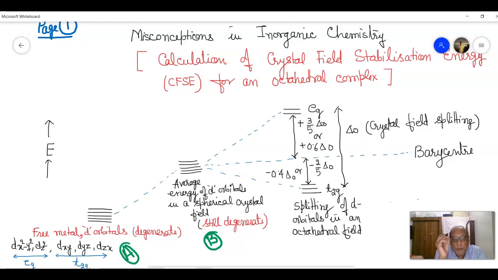But mind it, the five d orbitals are still degenerate.